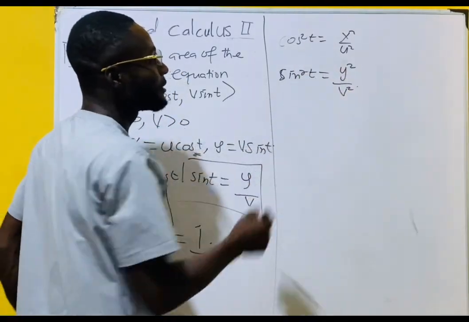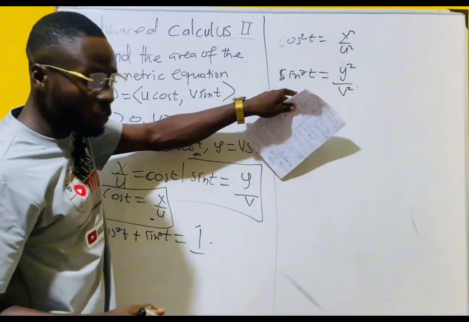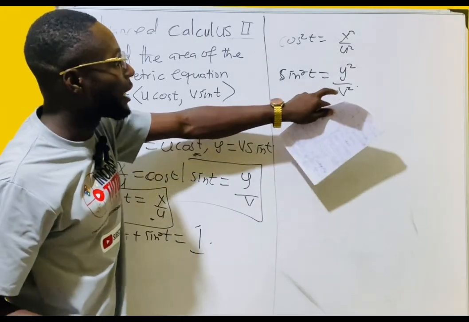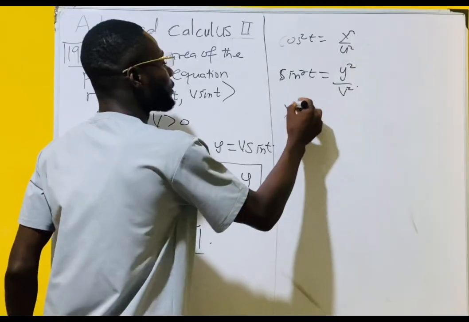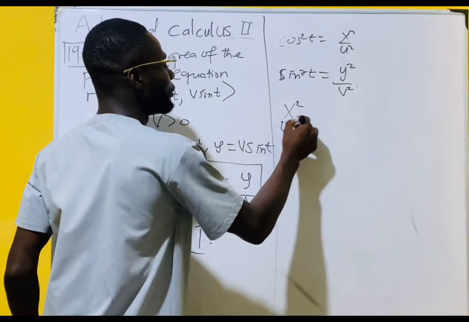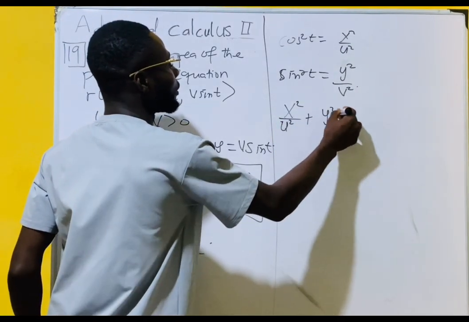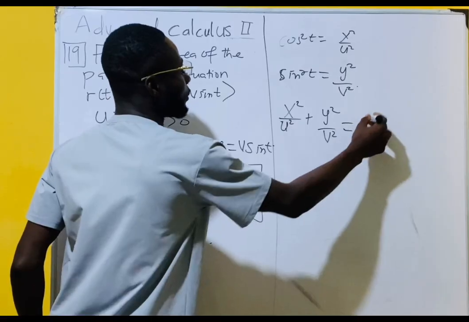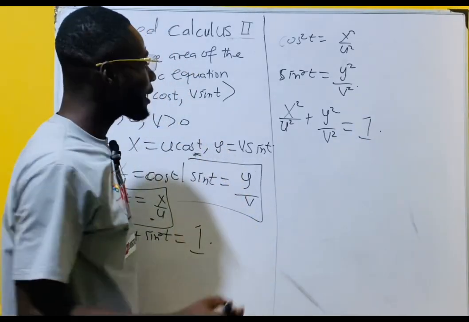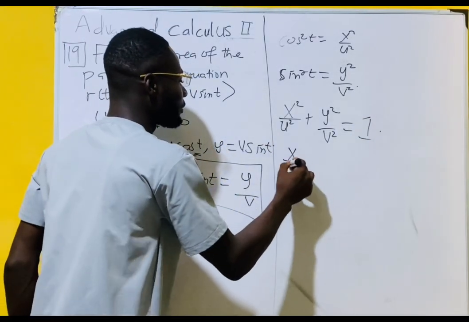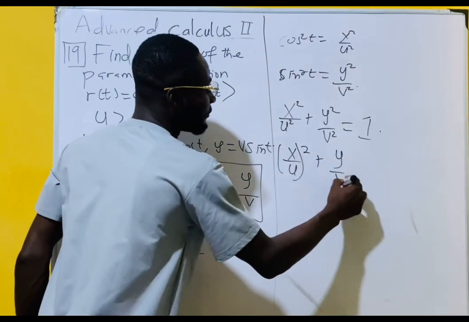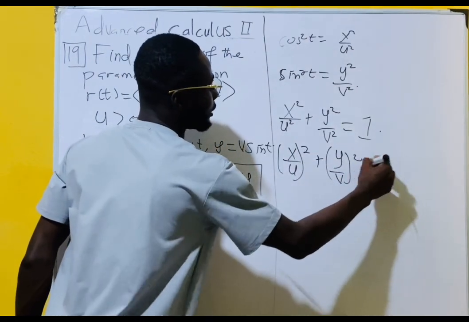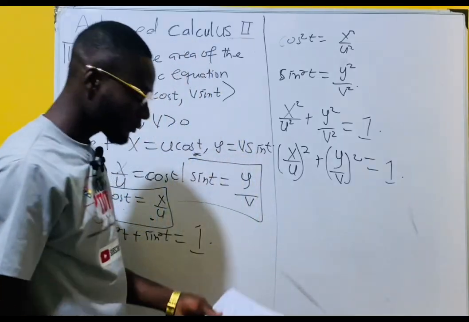So since these two add up to 1, we're going to have x squared over u squared plus y squared over v squared is equal to 1. And this can be expressed as (x over u) all squared plus (y over v) all squared equals 1.